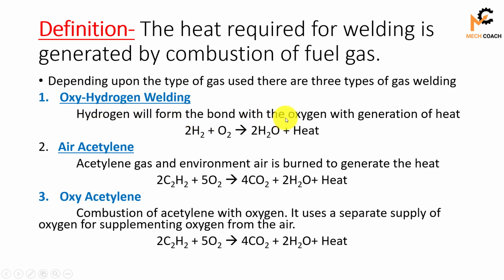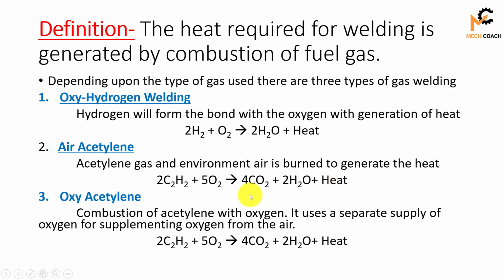In this, hydrogen bonds with oxygen with the generation of heat. Here I have shown the combustion reaction. The second is air-acetylene. Acetylene gas and environmental air are burned to generate the heat. The same way, I have shown the burning equation or chemical reaction for that.